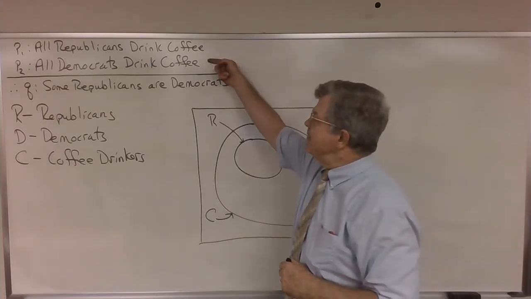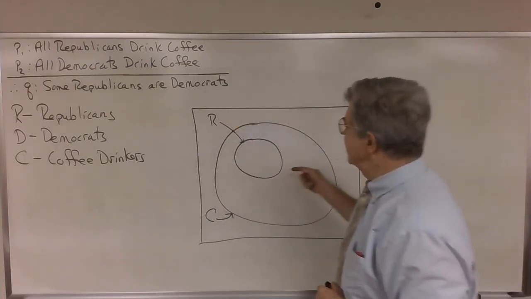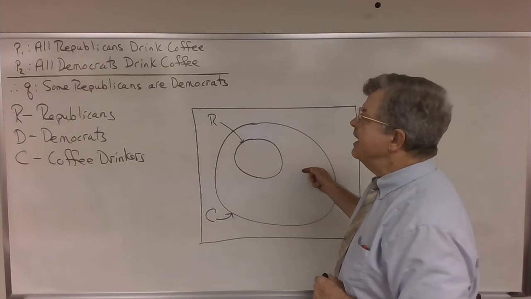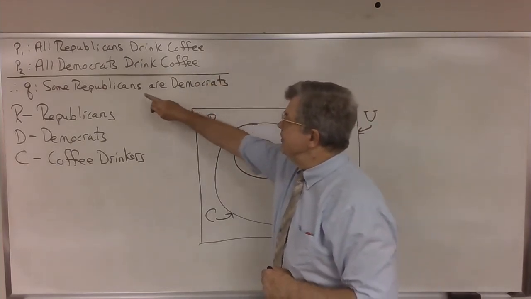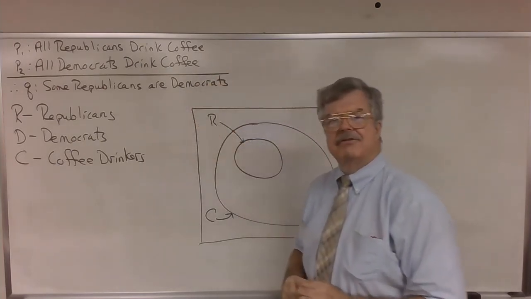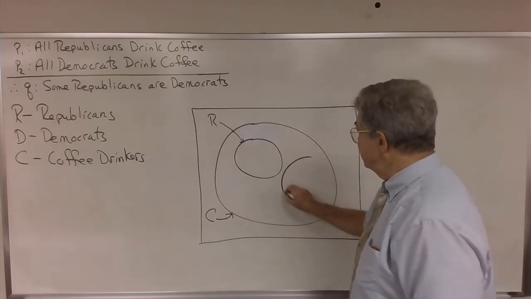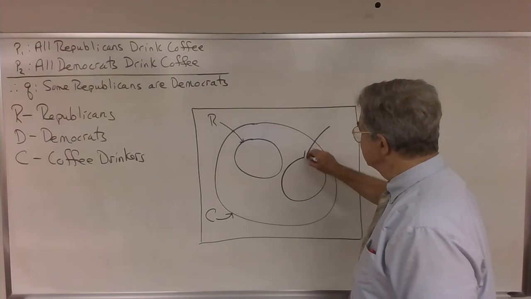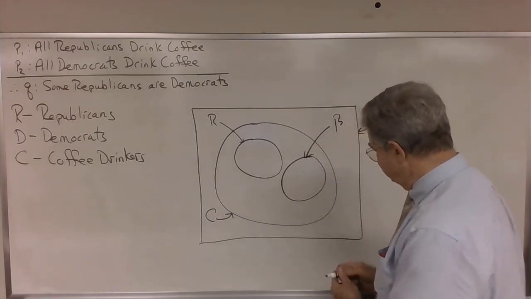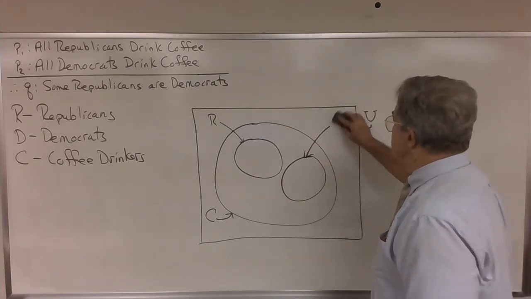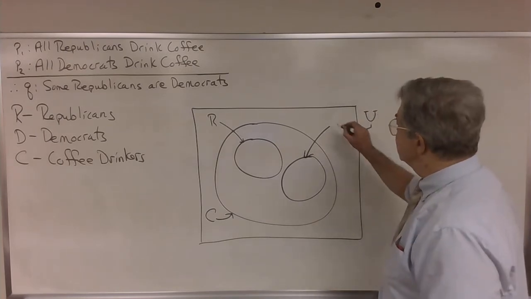So can I get my Democrat circle inside the coffee circle and still have the Republicans and Democrats disjoint? I think I can. I think I can put my Democrat circle right here. Democrats.